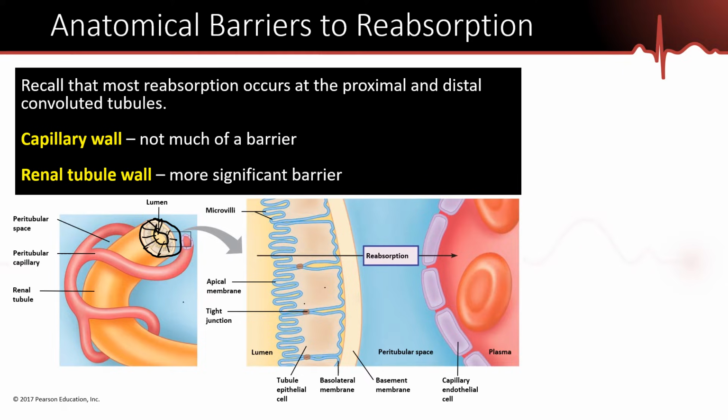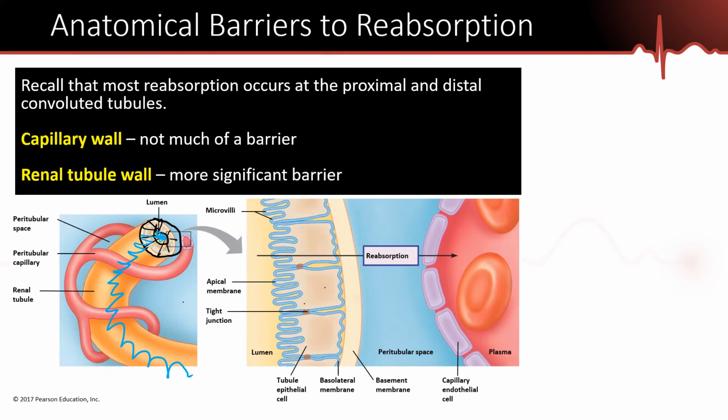Simple cuboidal epithelium lines the entire nephron. For the moment, we're not going to go any further than saying the nephron is made up of and lined by a layer of simple cuboidal epithelium, and in the center there's a lumen, a hollow opening, that blood plasma travels through. Just keep that in mind for now.